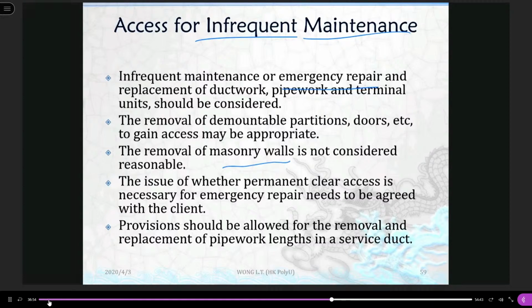The issue of whether permanent clear access is necessary in emergency repair needs to be agreed with the client. Not only the client, but all the stakeholders in your design team must collectively weigh the solution. Provisions should be allowed for removal and replacement of pipework links in a surface duct, usually.